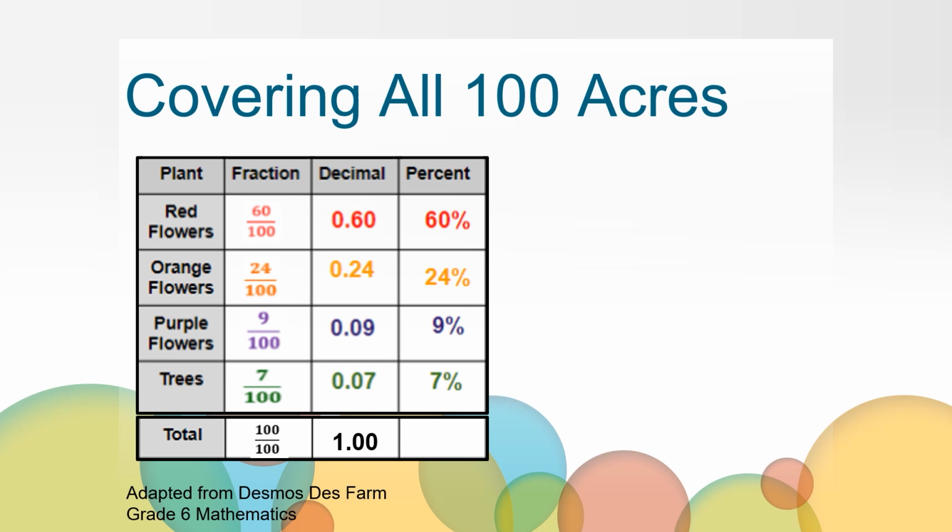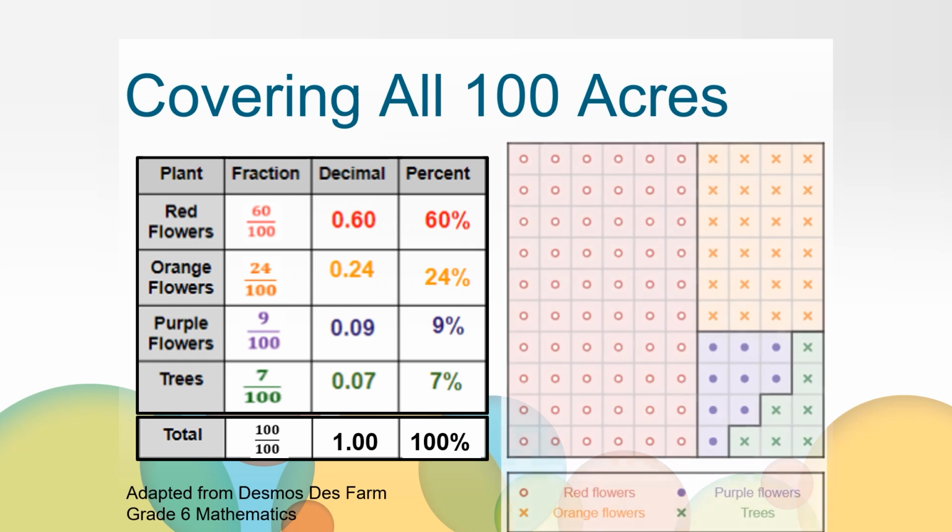So all of my percentages should have a sum of 100%. 60% plus 24% plus 9% plus 7% will give me a sum of 100%. I can check my thinking with the picture and see that I've accounted for all 100 acres of the flower farm.